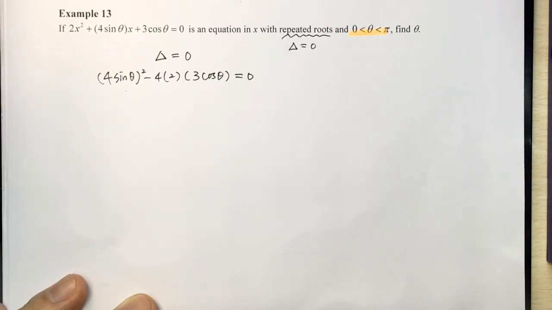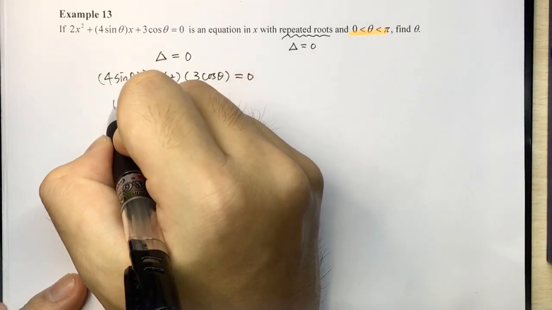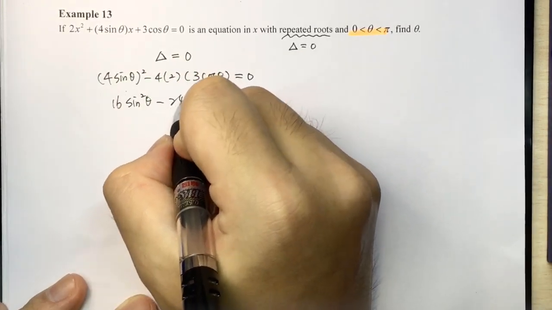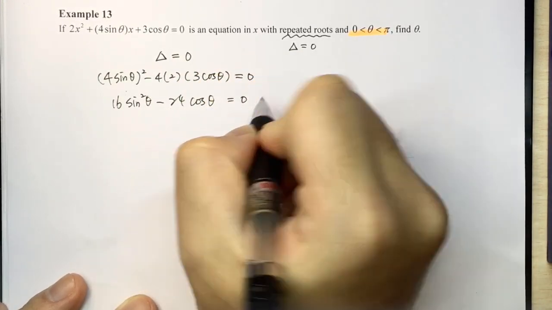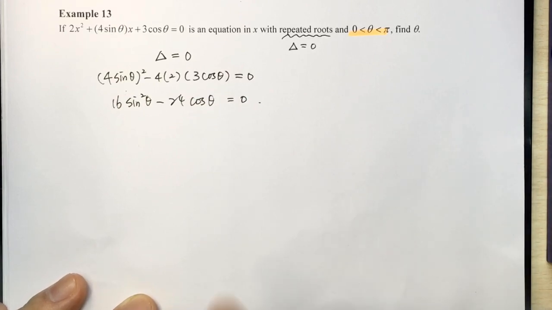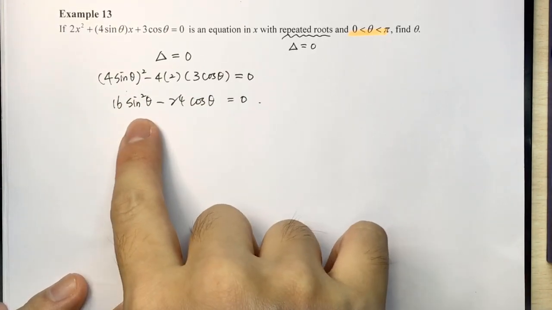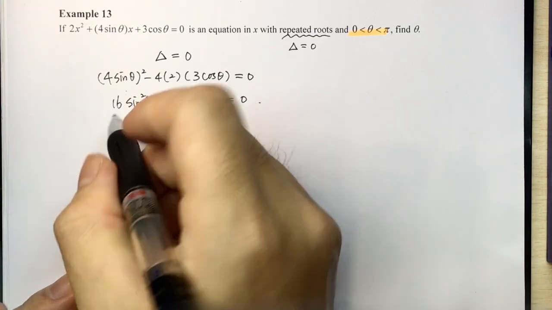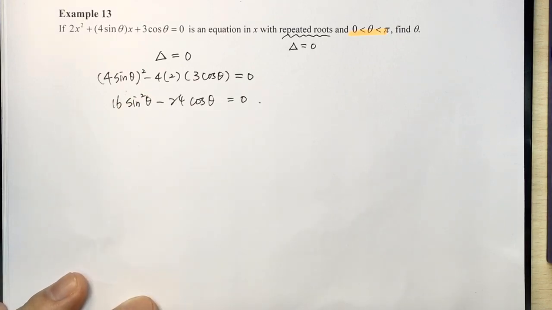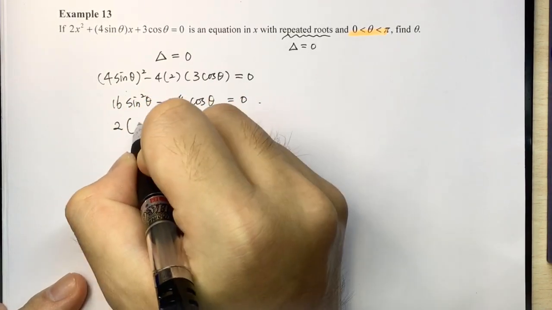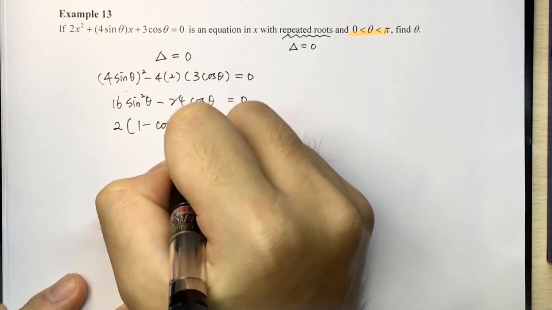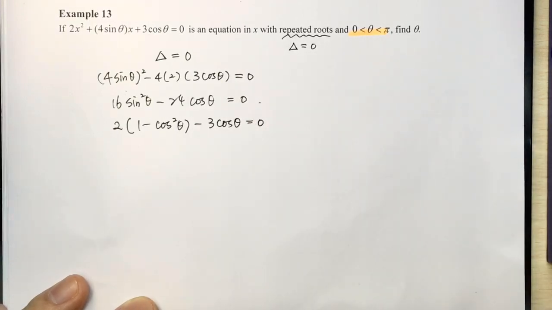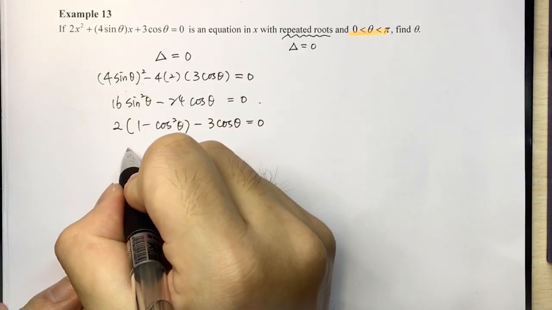this thing. And you do the expansion, we have 16 sine square theta minus 24 cosine theta equals 0. And you should be able to do that by converting sine square into 1 minus cosine square. And for 16 and 24, you can simplify as 2 and 3. So we have 2 of 1 minus cosine square theta minus 3 cosine theta equals 0. And it's a quadratic equation in cosine.